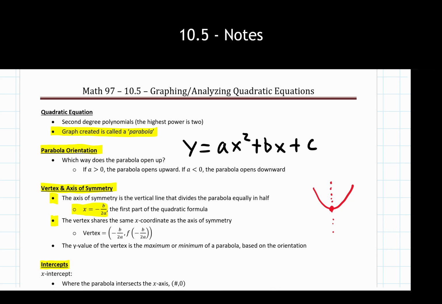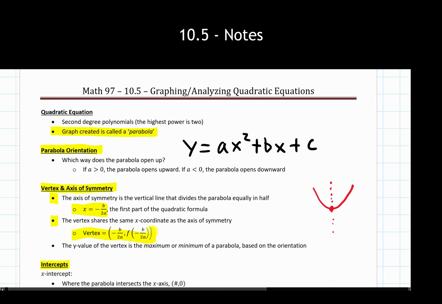The frustrating one is the y value of this thing. There is unfortunately no shortcut, for lack of a better way to put it, to find out what this y value is. That's why we have f of negative b over 2a. What this means is once I have found the x value here using the shortcut, I'm going to take whatever that number is, whether it be a positive, a negative, a fraction, a decimal, or 0, and I'm going to plug it right back into my overall equation.